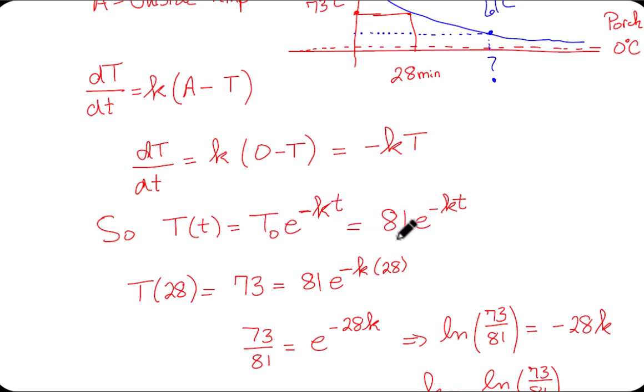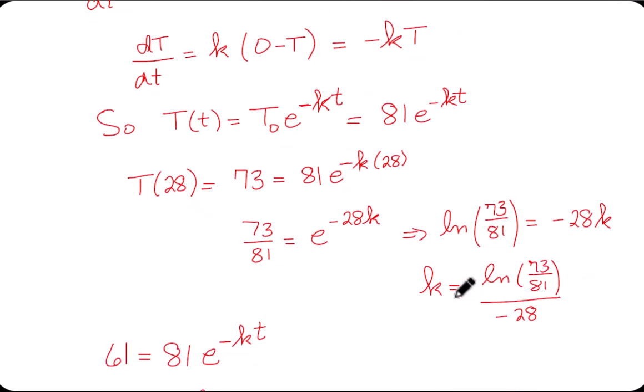T0 was the initial temperature of the milk. I can find out what k is because I know after 28 minutes, I'm down to 73 degrees. So grinding through all that, I can figure out what k is.